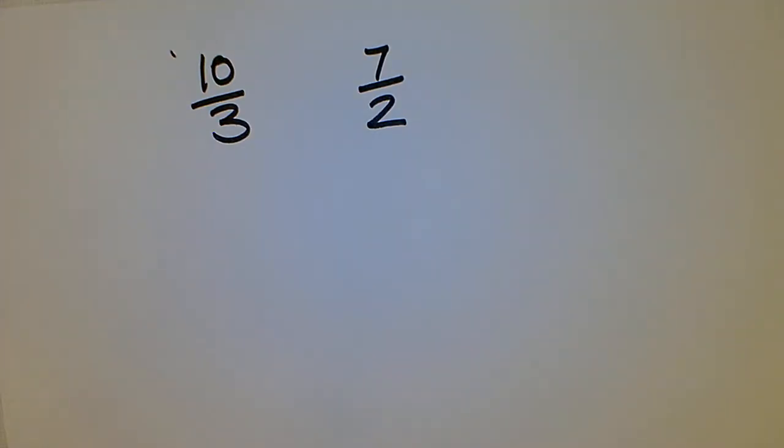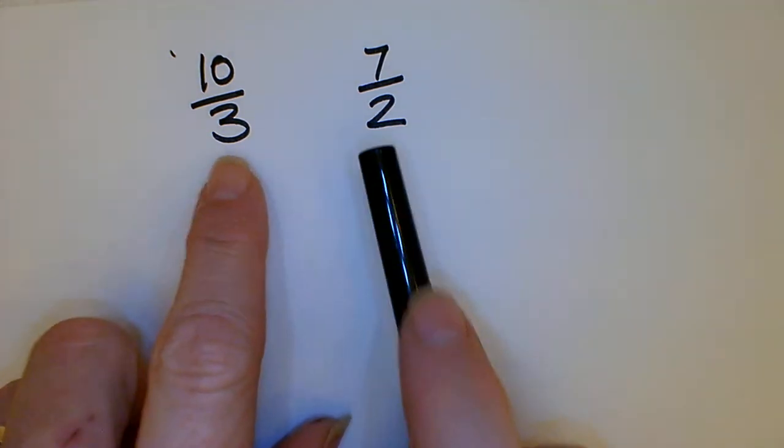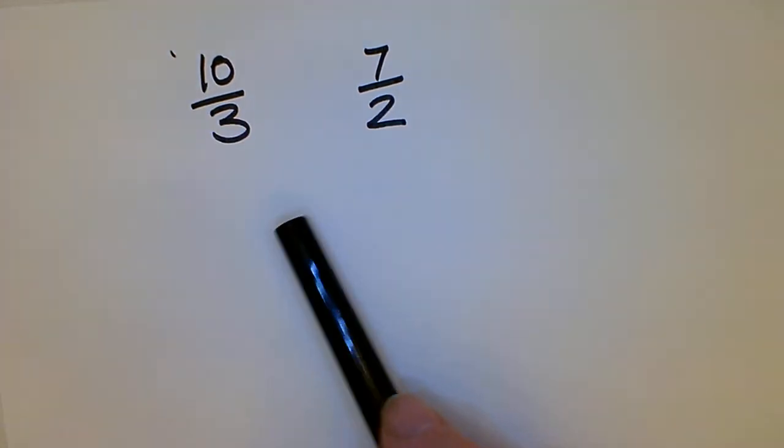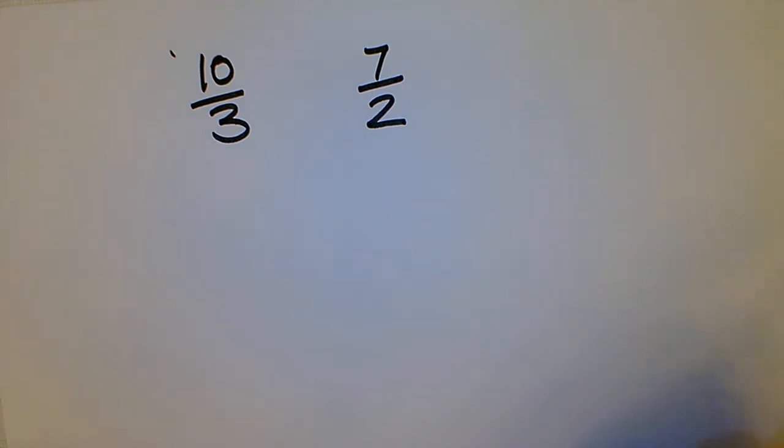If I'm comparing 10 thirds and 7 halves, my denominators are different, my numerators are different, so what am I going to do? Well, let's first take a look at these and realize that those are fractions greater than 1. And whenever you have fractions greater than 1, the absolute first thing that you have to do is turn them into mixed numbers.